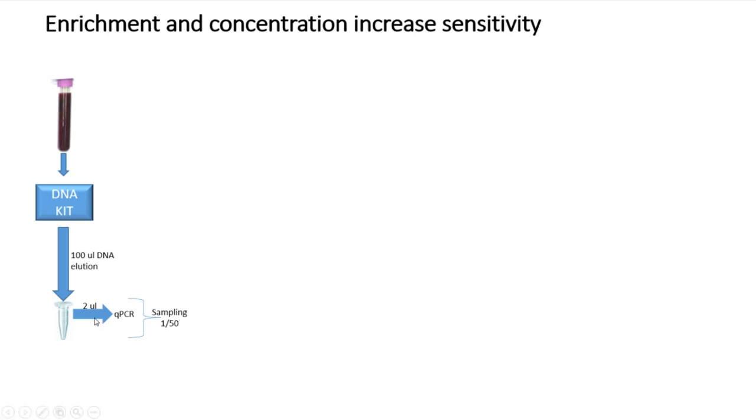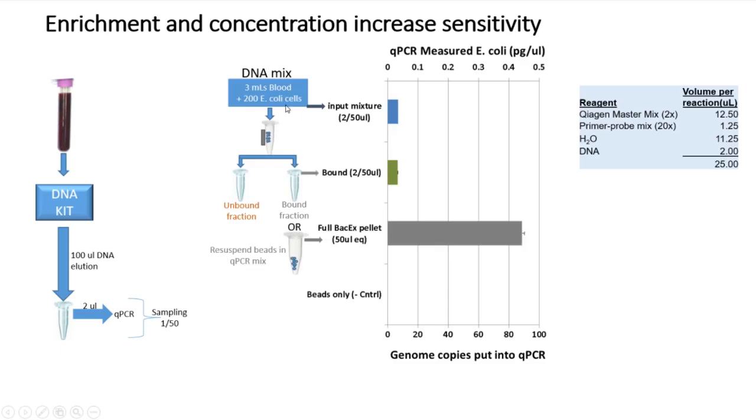So in most cases, we might do 2 microliters of blood DNA into a fairly large PCR reaction, something like 50 microliters. And when we did that, and I think I forgot to mention that this tube was spiked with about 200 E. coli cells.